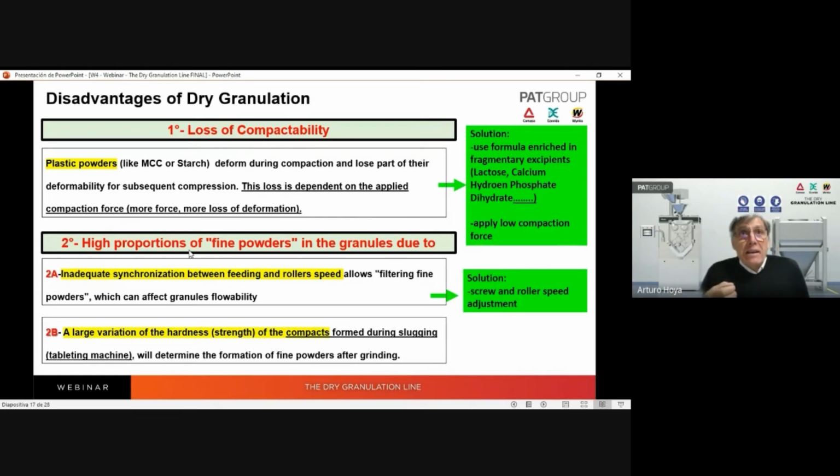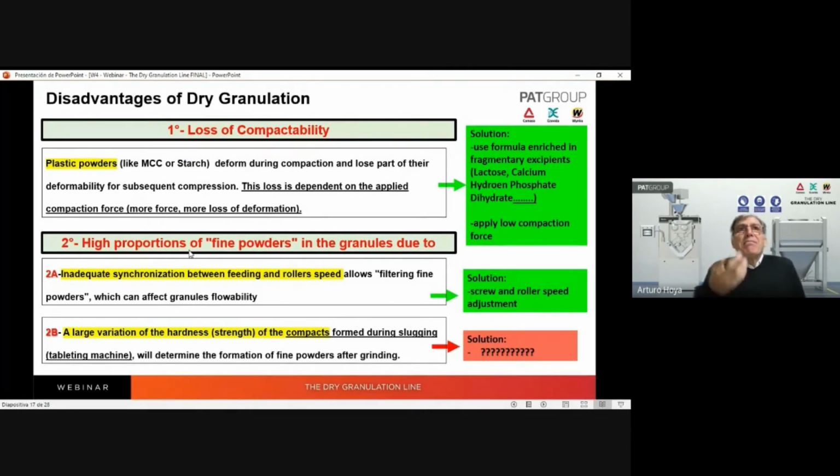When the die is filled with little powder, the pressure will be lower, and the compact will have less hardness. During the grinding, this last compact will give us a high proportion of fine particles. And for this case, we have no solution.